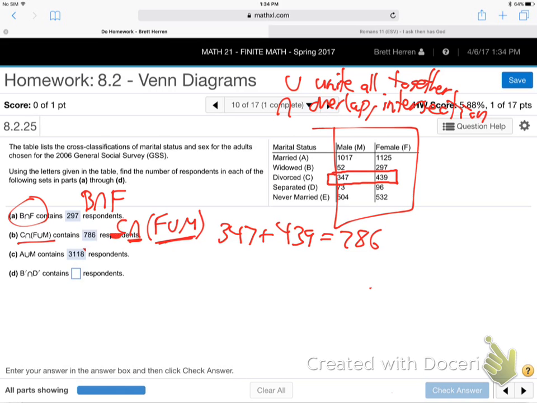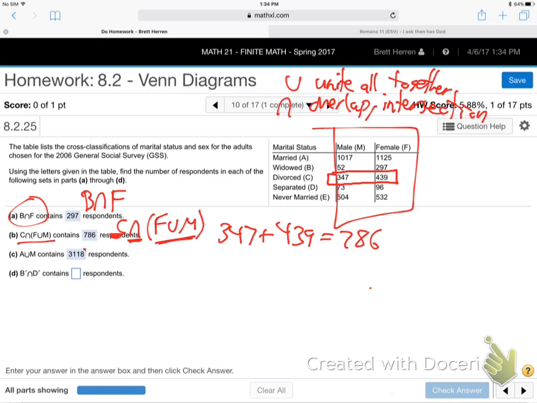Does that make sense how I got that? So I took the big box. The big box here is the females and males united, F union M. And then overlap that with the C category. So they intersect, they overlap, in 347 and 439, which add up to be 786.